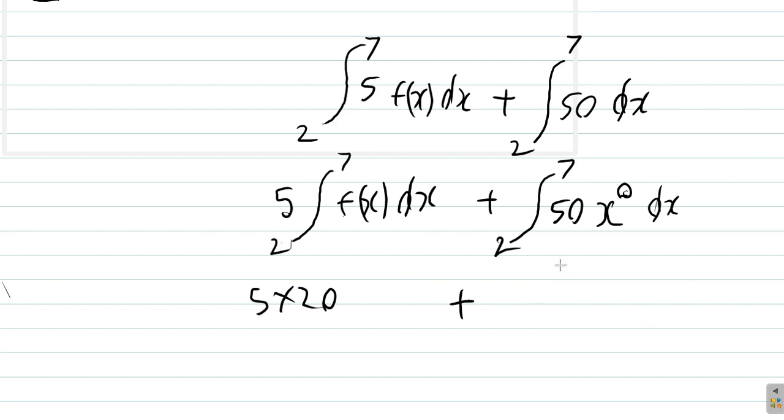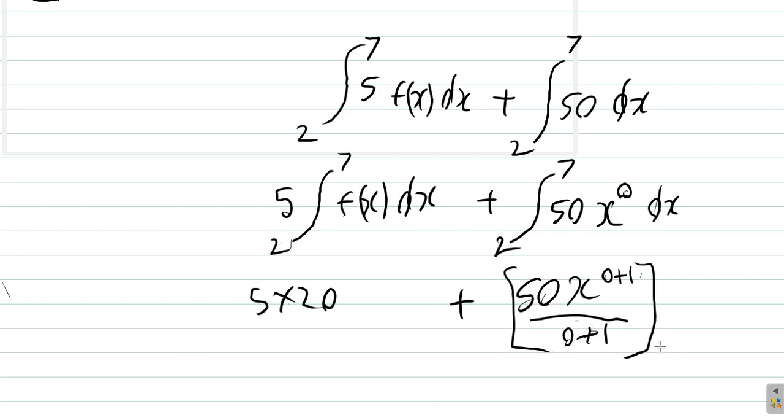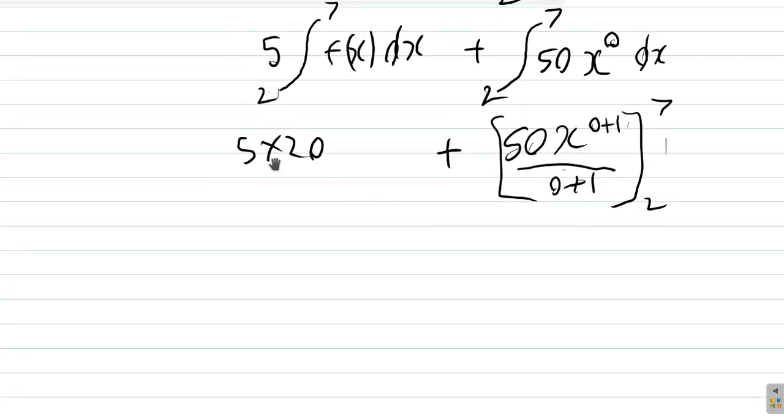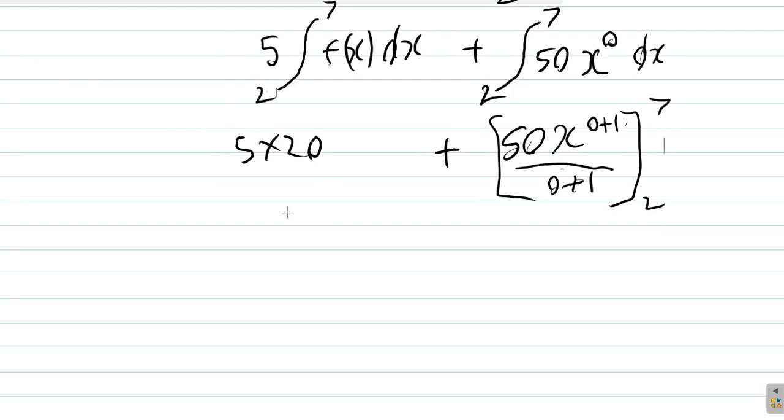So we have 50 x to the, and we add 1 to the power, 0 plus 1, and then divide by the new power, 0 plus 1, and we go from 2 to 7. Hope you're following. This is 5 by 20, which is 100, plus.